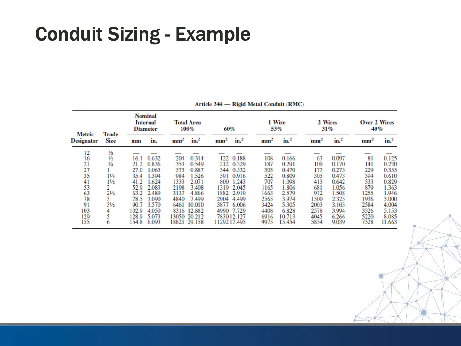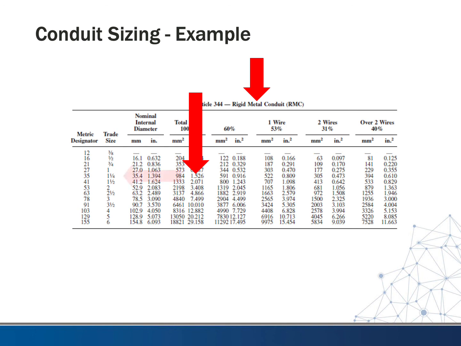So again, here's our table for rigid metallic conduit, and we know that rigid RMC. So we know our total area. We find it in this column, and so we go down and we find where we're above that minimum, the first point where we get above the minimum, and that's when we get to 1.526.